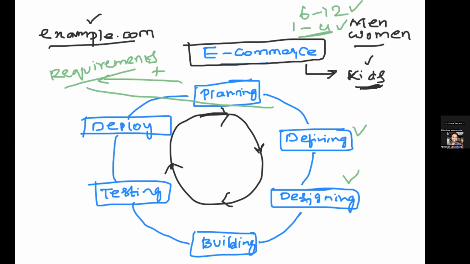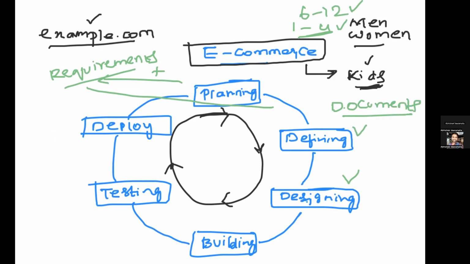In terms of defining requirements, you clearly define these requirements in documents. What do I mean by documents? Let's say your product owner or your business analyst who is talking to customers did customer research and understood that for 6 to 12 years, 4 customers are interested, and for 1 to 4 years, 16 customers are interested.